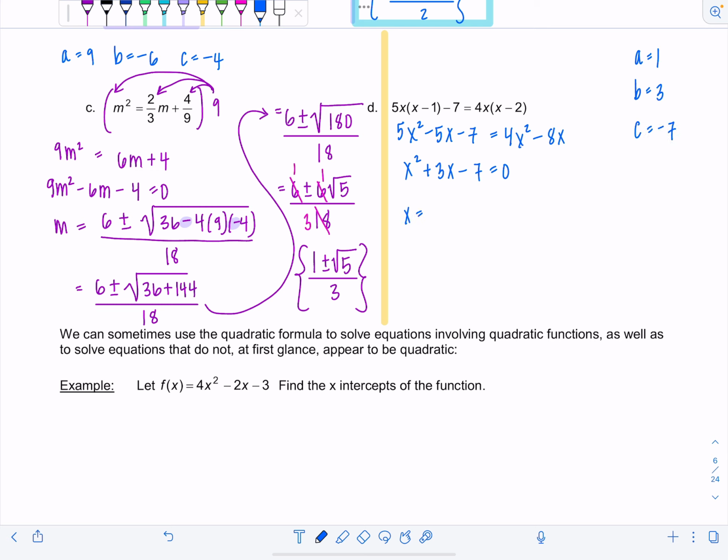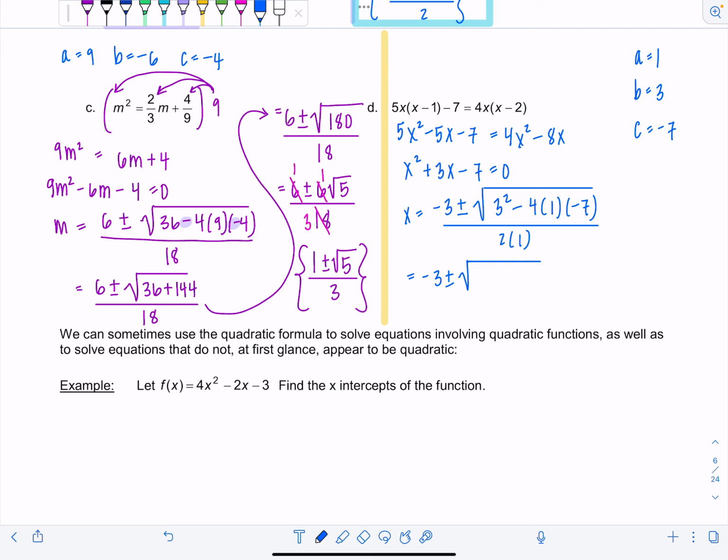So x equals opposite of b plus or minus square root b squared minus 4 times 1 times negative 7. We good? You just got to keep practicing these, and then you're going to memorize the formula lickety split, over 2a. Okay, so what is this? This is negative 3 plus or minus the square root of 9.